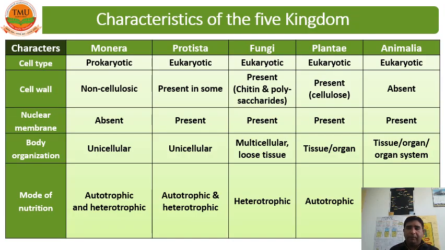Vertebrates are higher animals like frogs, turtles, fish, birds, and mammals, including human beings. Now, here we are summarizing the characteristics of all five kingdoms. In respect of cell types, only Monera, that are bacteria, have prokaryotic cells, while animals, plants, fungi, and protists have eukaryotic cells. In respect of cell wall, Monera have a non-cellulosic cell wall.